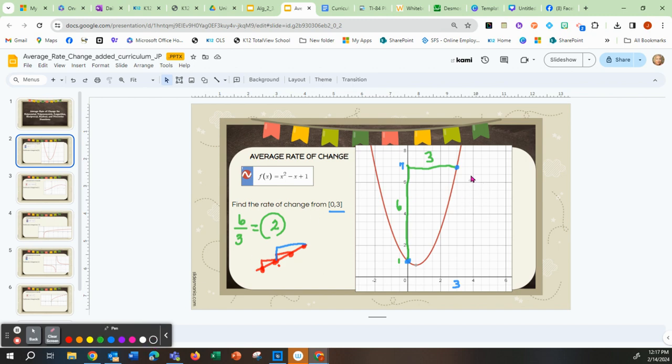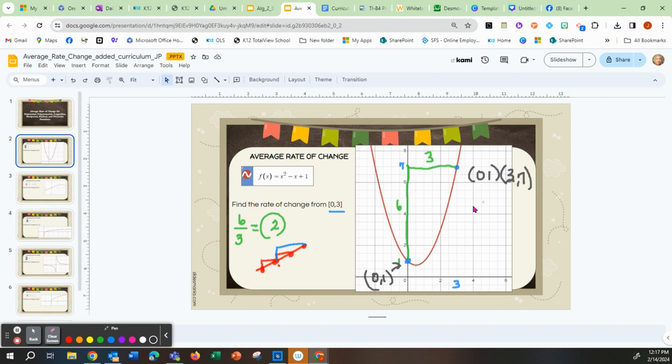Okay, you can do this also algebraically. I'll just show you the algebraic part, and then the rest of my examples I'm going to do graphically. So if we're at 0, this point is 0, 1. If x is 3, this point is going to be 3, 7.